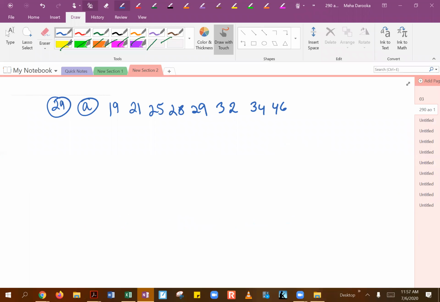Alrighty, so that looks like we've got 1, 2, 3, 4, 5, 6, 7, 8 data values in our set over here. So what's going to be our quartile 1 and quartile 3?